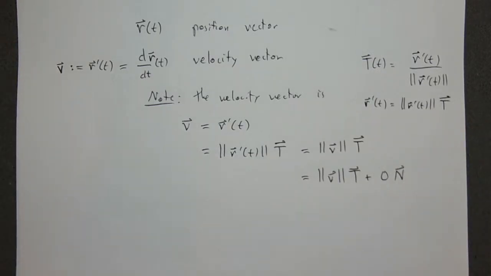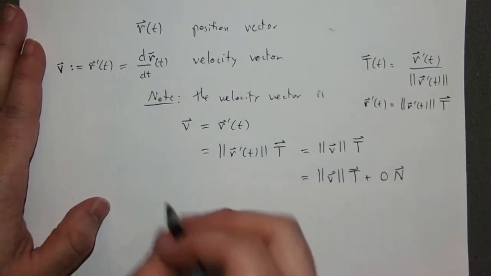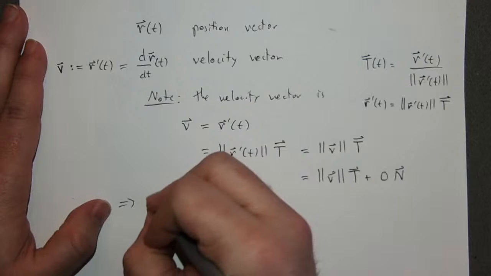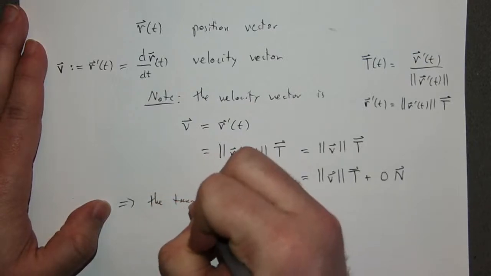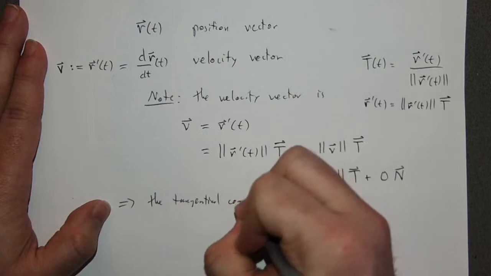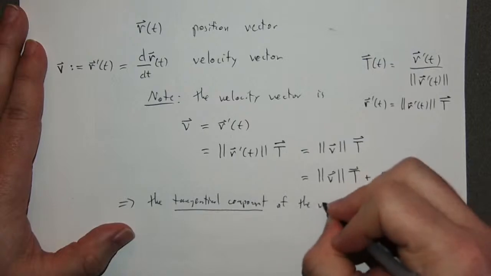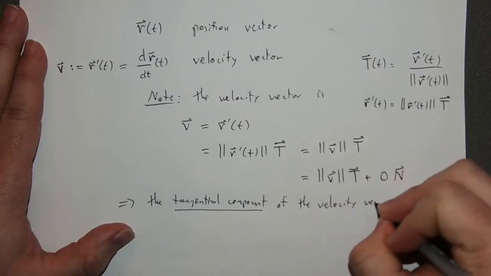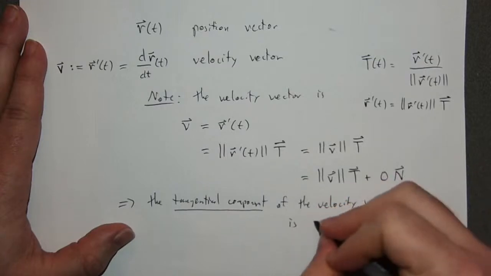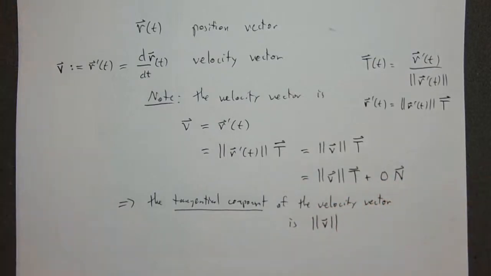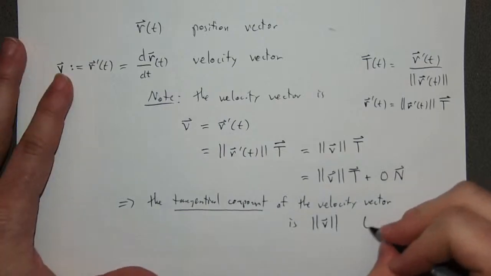Okay. So another way of writing this, of course, is, I can always do this. The velocity vector can be written as the length of the velocity vector times the tangent vector plus 0 times the normal vector. Okay, so what do I get from this? The tangential component of the velocity vector is the length of v, i.e. the speed.